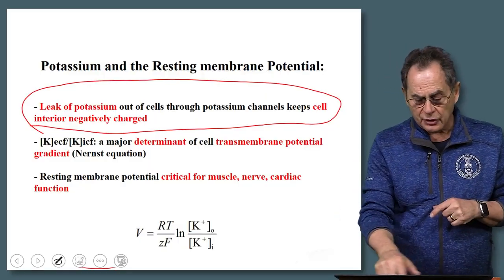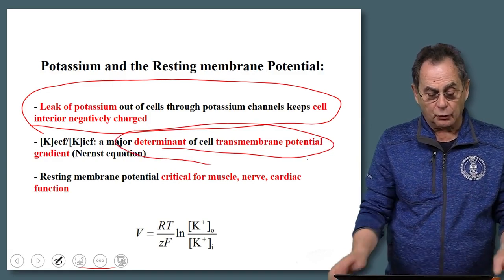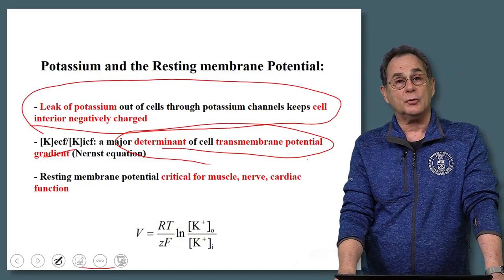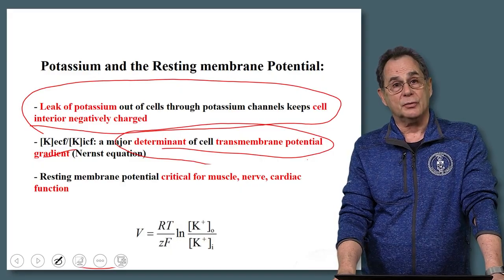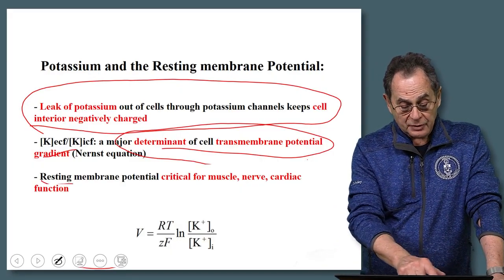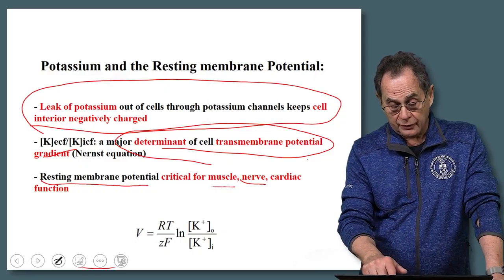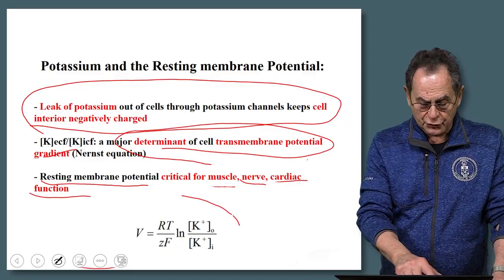And the determinant of the transmembrane potential gradient is a function of the ratio between the extracellular fluid potassium concentration and the intracellular fluid potassium concentration. And the resting membrane potential is critical for muscle, nerve, and of course cardiac function. This is the Nernst equation.